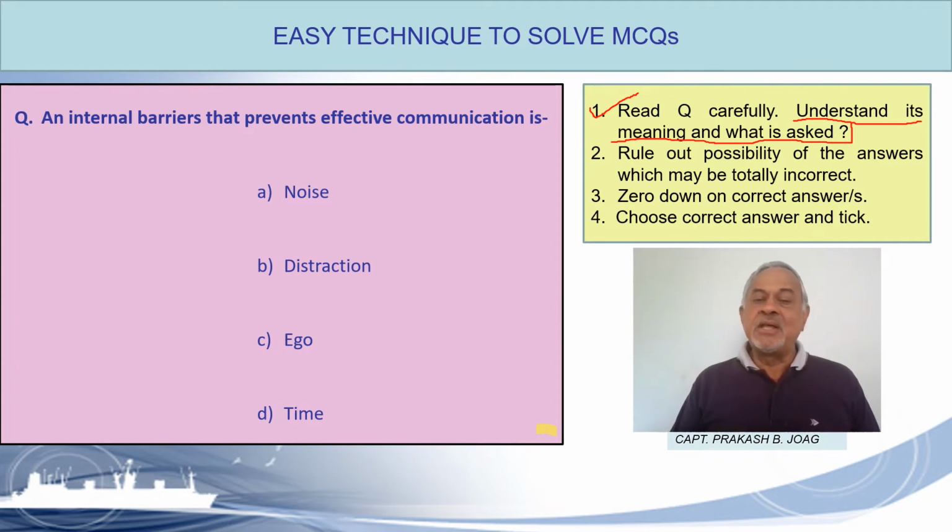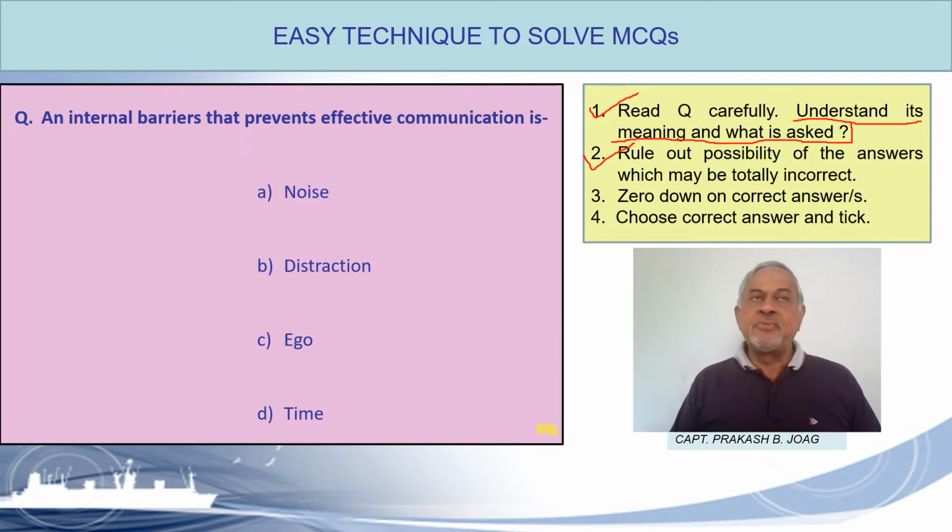And once you have done it, then you rule out the wrong or tangent options which are given, which are totally not pertaining to this question, so that you find out at stage 2.